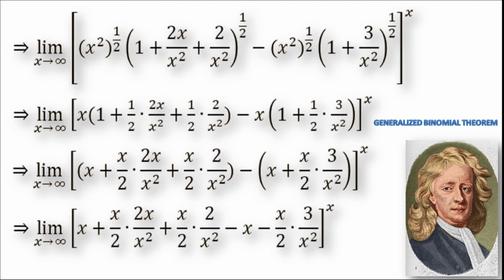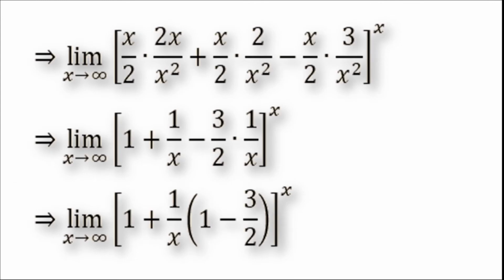So now we are in a position to cancel the terms. We just apply the minus sign into the second term. After applying, we have x plus x by 2 times 2x by x square plus x by 2 multiplied by 2 by x square minus x by 2 multiplied by 3 by x square. Okay.